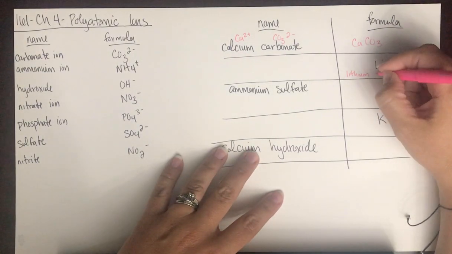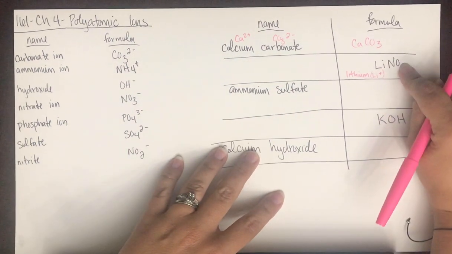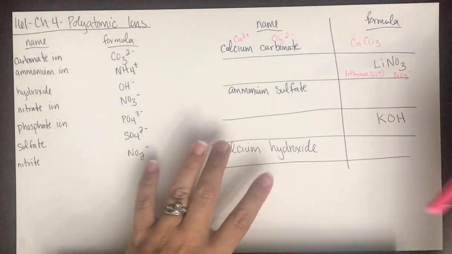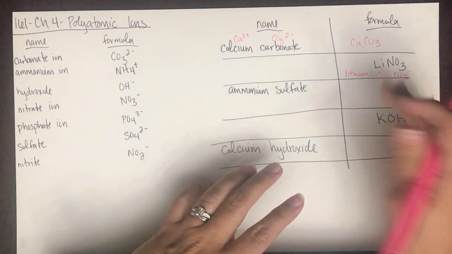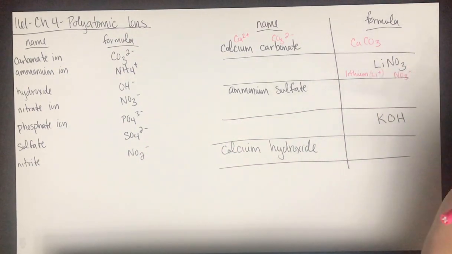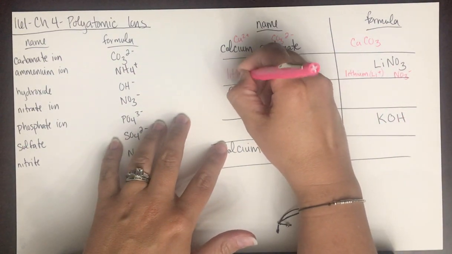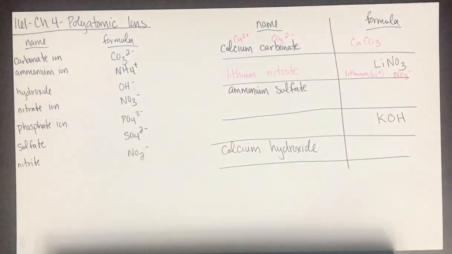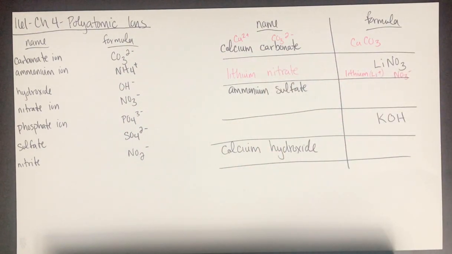So it's going to be Li+1. Nitrate, I know from my list over here, NO3-1. So I have +1, -1. We don't have to worry about balancing because we're looking at the formula. So that's why it's LiNO3. So it's going to be lithium nitrate. So from the formula, you can write the name.